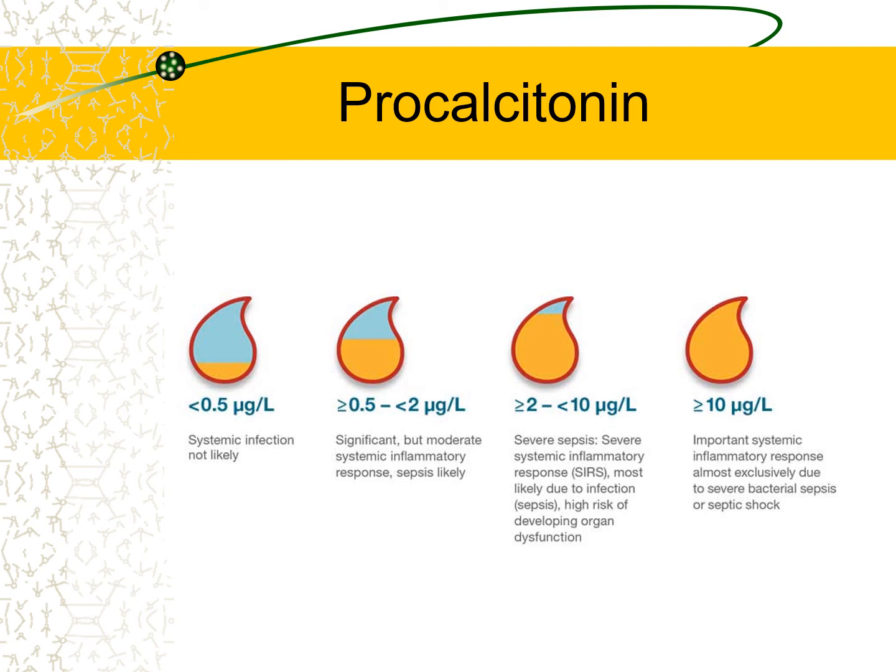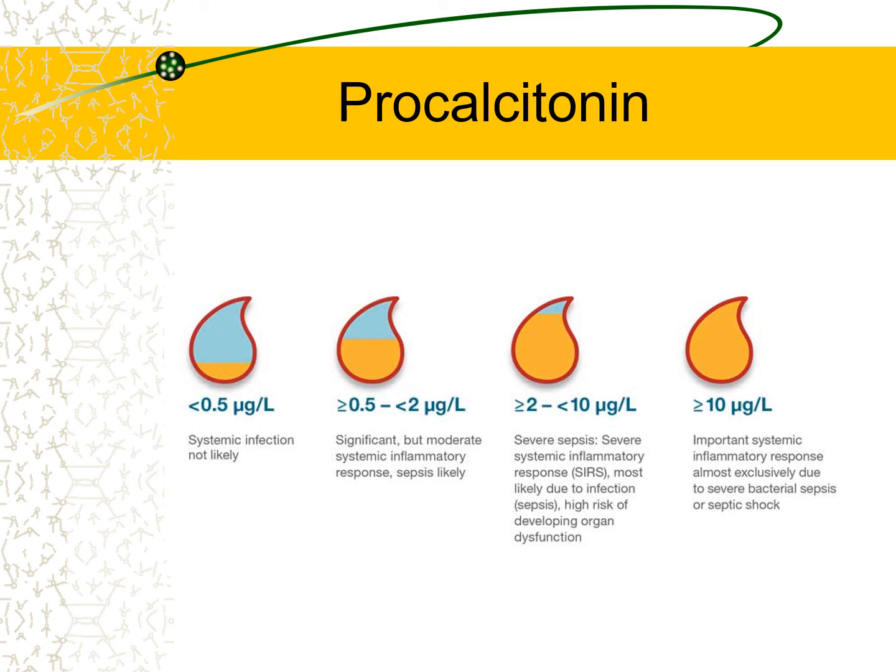That's going to indicate that you're probably looking at a bacterial sepsis or a bacterial infection. Here we go, just as a diagram to help you see that the level of procalcitonin is important for diagnosis and monitoring of our patient. When it's low, it indicates that there's not likely to be a systemic infection. Between the level of 0.5 and 2, it could be significant, but moderate systemic inflammatory response and sepsis is likely. So it's still not a good result if it falls in that range, because you could still likely have sepsis.